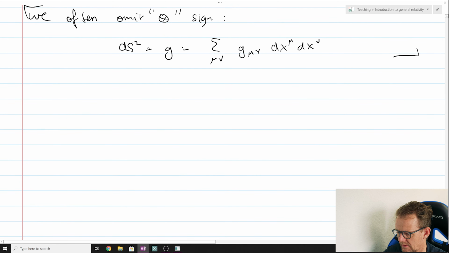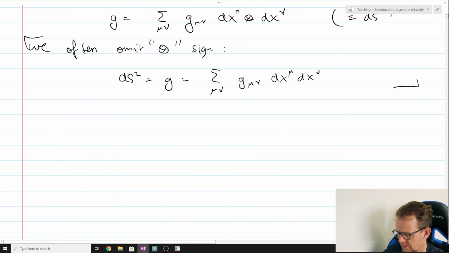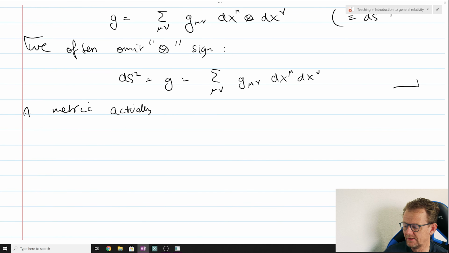Now, we've got this symmetric collection of numbers now associated to every point, and I'm going to argue to you now that we get an infinitesimal square distance from it as follows. So a metric, what does it do? Well, you could talk about infinitesimal square distances and so on, but let's just say plainly what it does give you.